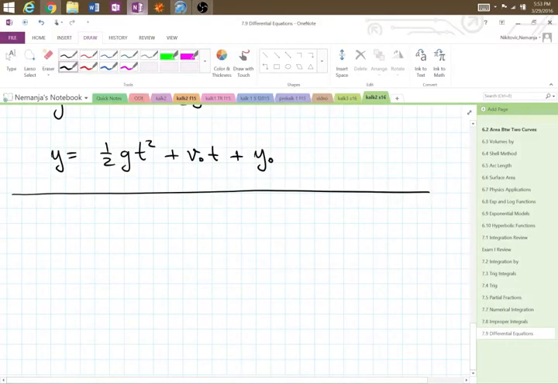So differential equations. We are supposed to solve differential equations now. Last time we solved the population problem. We are going to look now at solving the differential equation with initial conditions.